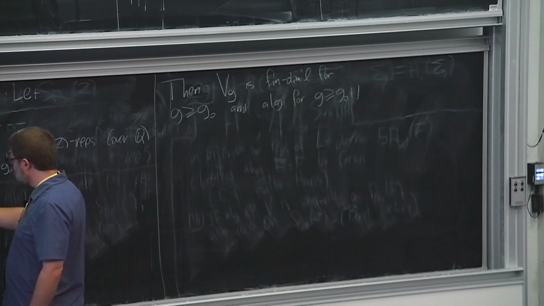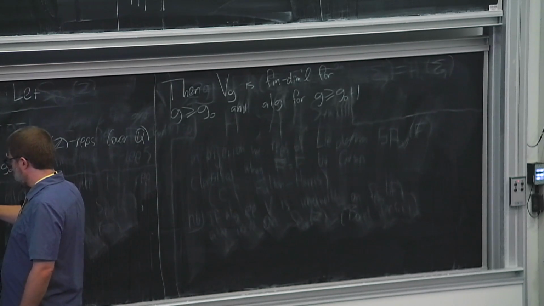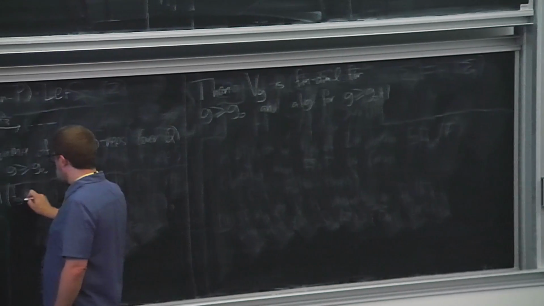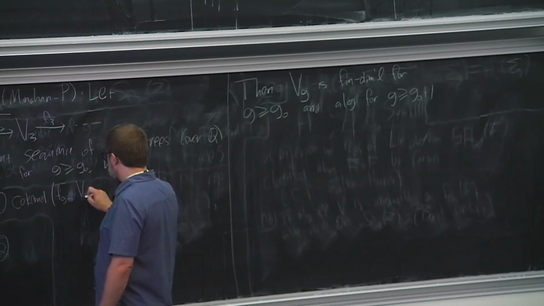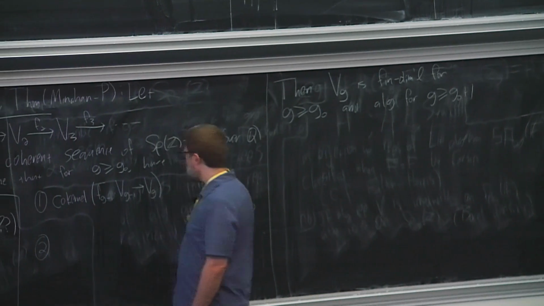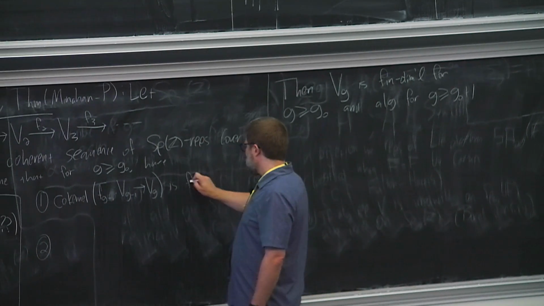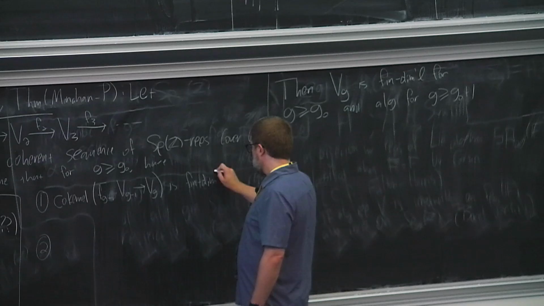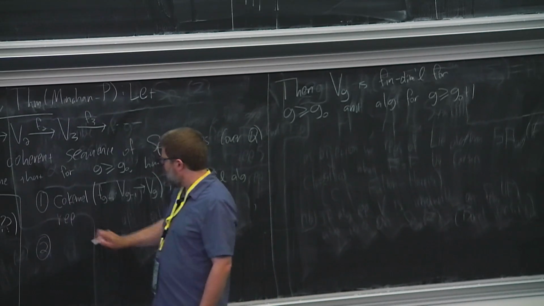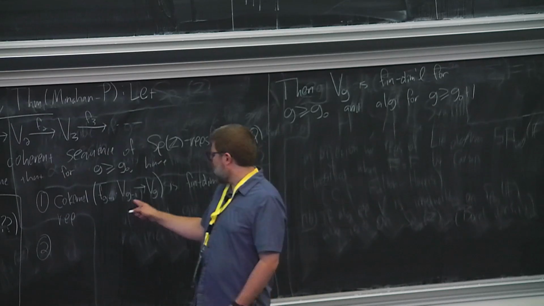So the cokernel of the map F_{g-1} going from V_{g-1} to V_g is a finite dimensional algebraic representation of the biggest thing that it could be of, well, this thing right here.